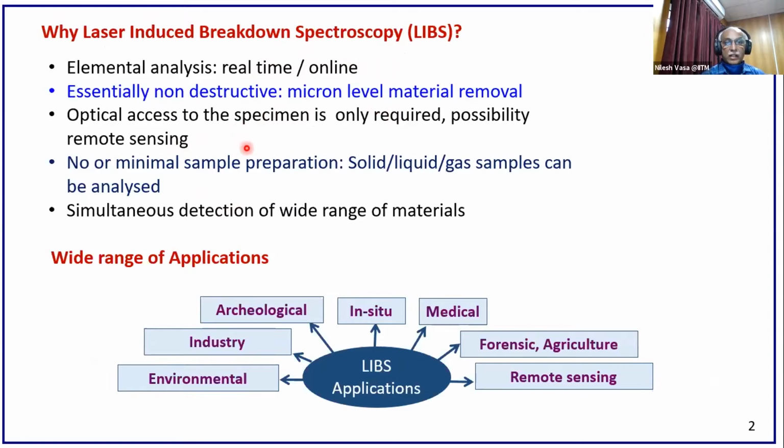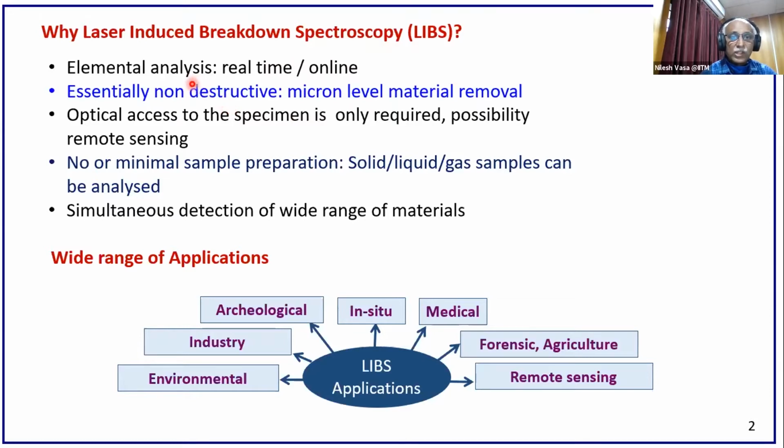This LIBS technique is not new. After the first laser came out, within a few years the neodymium YAG laser also came, and lots of research started working towards how we can make use of a high energy laser source in order to realize elemental analysis.